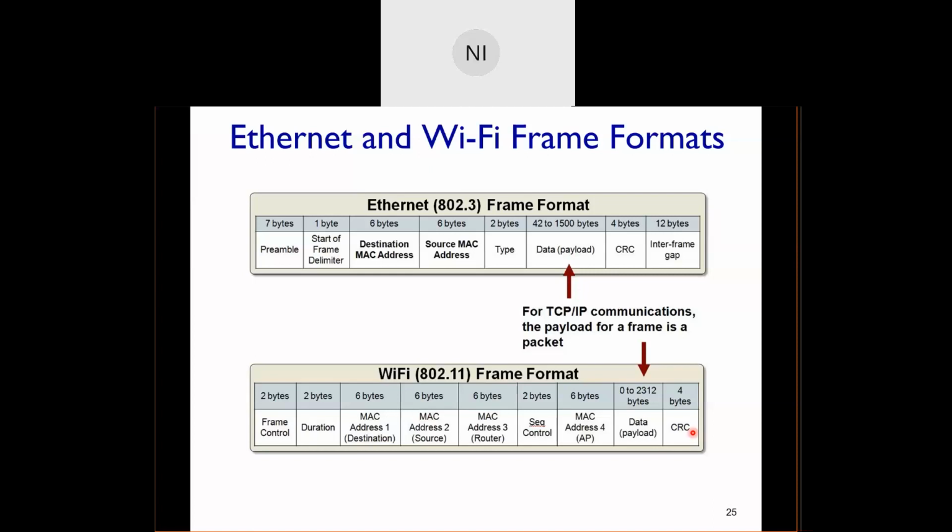Basically, what happens is, as I was mentioning, the CRC calculation happens at the hardware level. Whether it is Ethernet or a Wi-Fi NIC, the network interface cards, as soon as it receives the message with these particular fields that you can see here, the receiver hardware keeps calculating the CRC as it keeps coming.